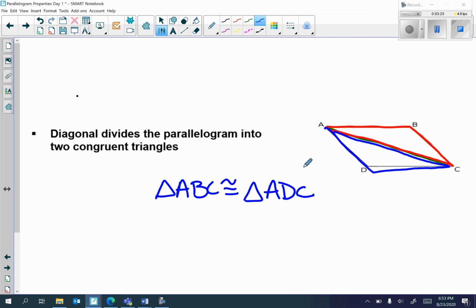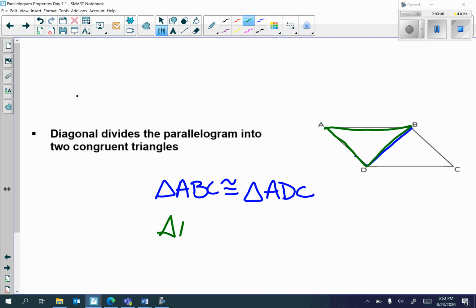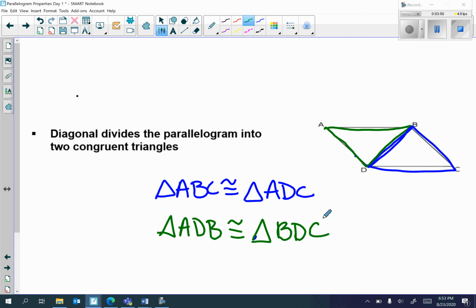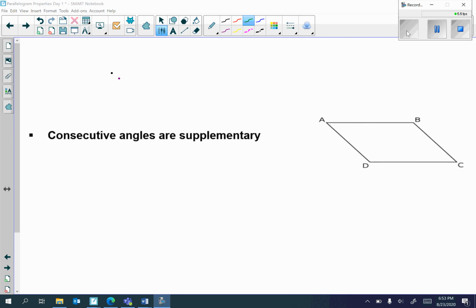And this is with diagonal AC. But if I were to form the other diagonal, which would be BD, I would have two other congruent triangles. Triangle ADB would be congruent to triangle BDC. A diagonal divides the parallelogram into two congruent triangles.